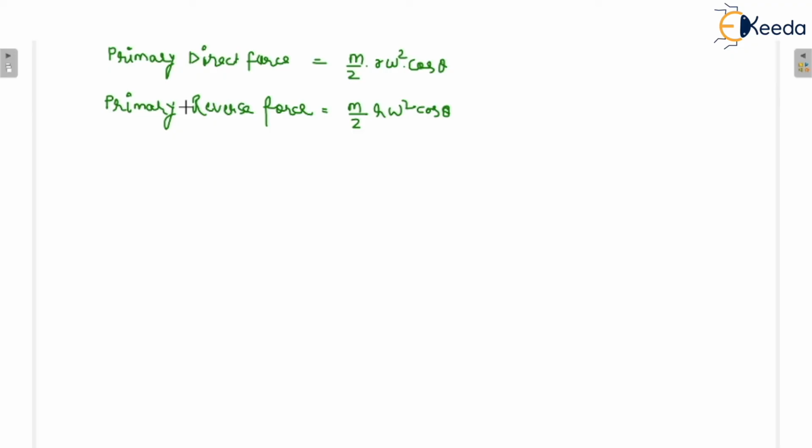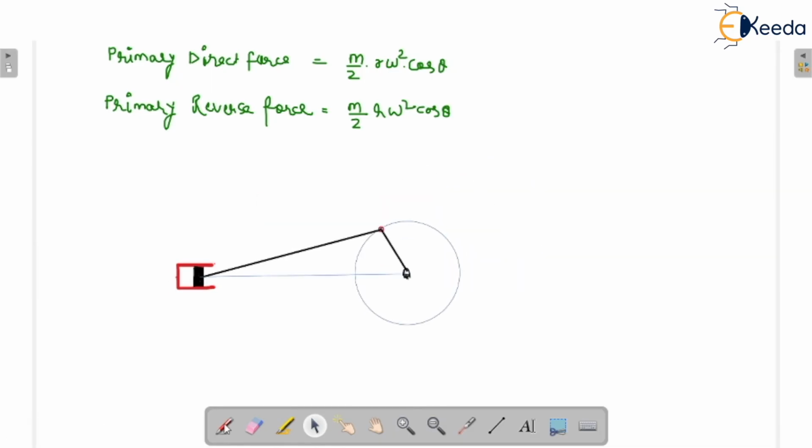Similarly, we have to see secondary forces. What about secondary forces? Now we have to see the secondary forces calculations. Suppose this is our primary direct. I'm just explaining it in this diagram, so don't consider it separately.